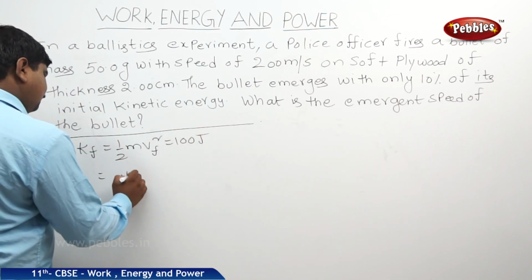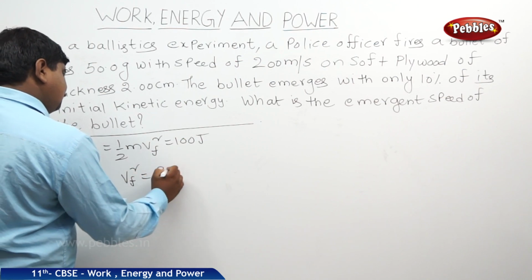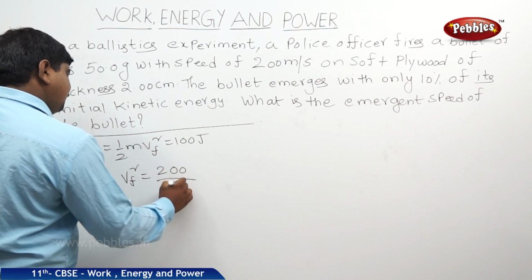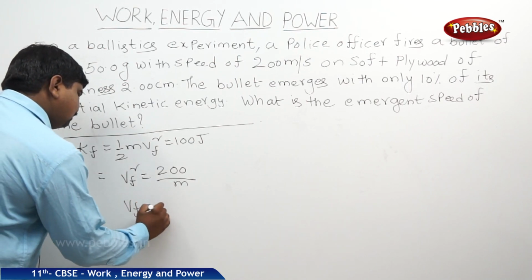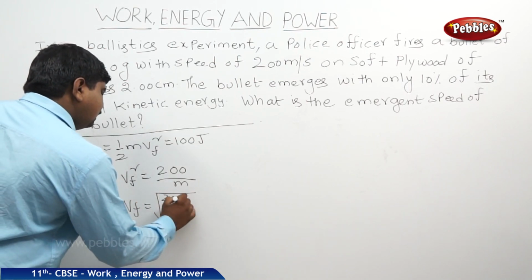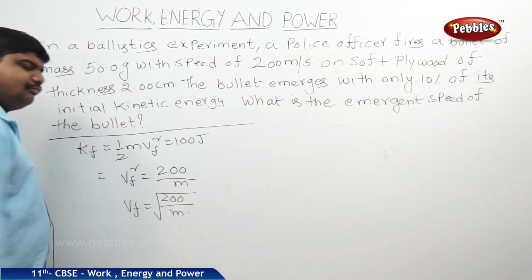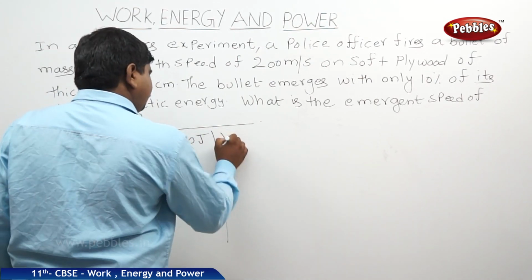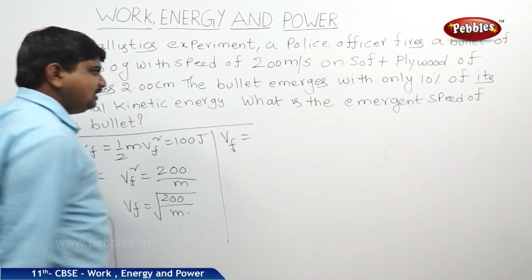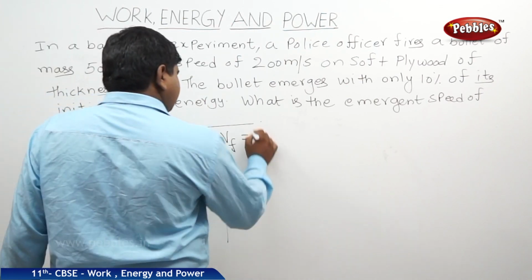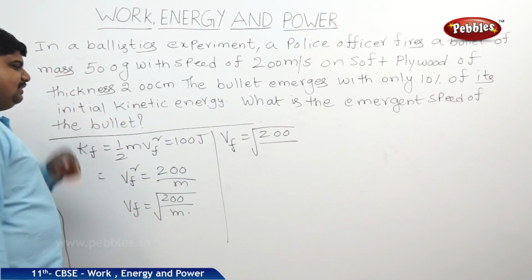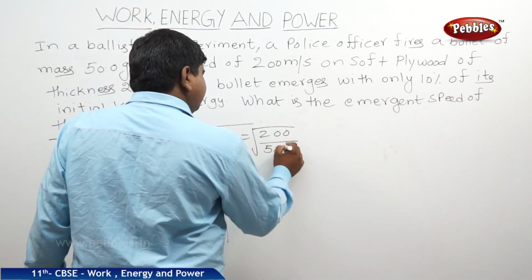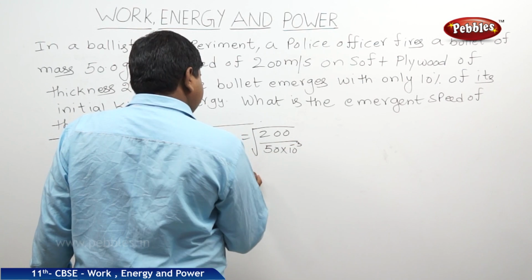Therefore, vf square is equal to 200 by m. vf is equal to square root of 200 by m. What is the mass of the body? 50 grams, means 50 into 10 to the power of minus 3.